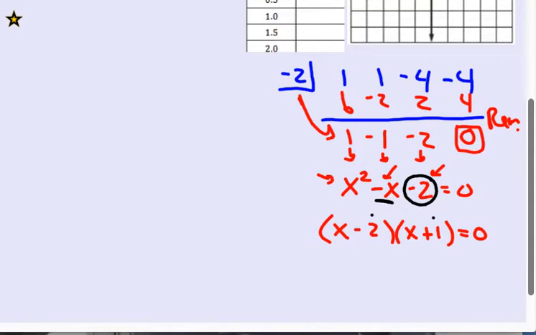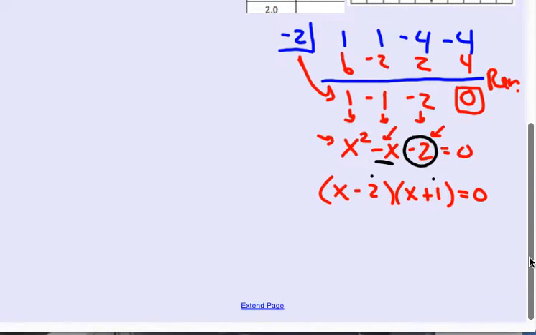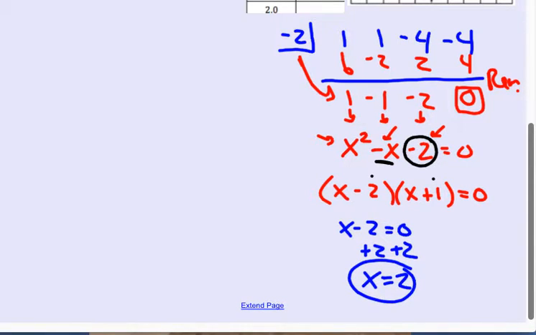Anyway, so what are my other zeros? Well, first of all, I'm going to take x minus 2 equals 0 and solve that by adding 2 to both sides. X equals 2. So that's another zero. Set the x plus 1 equal to 0. You're going to subtract 1 from both sides, so -1. So my other two zeros are 2 and -1.